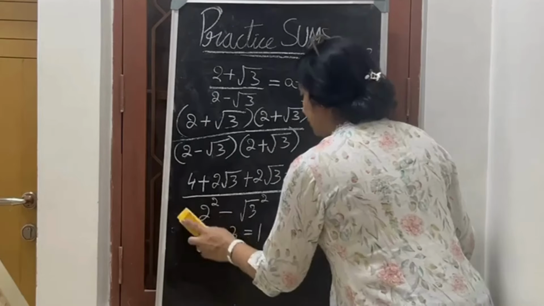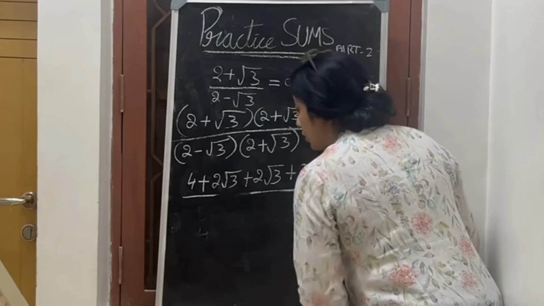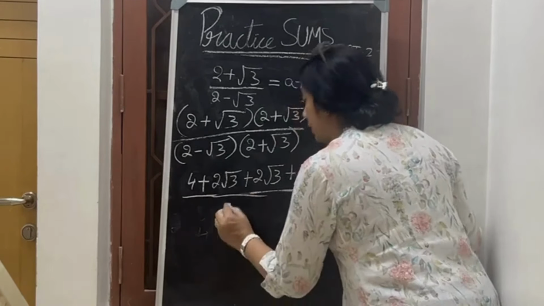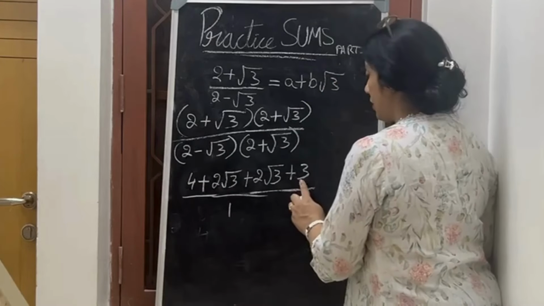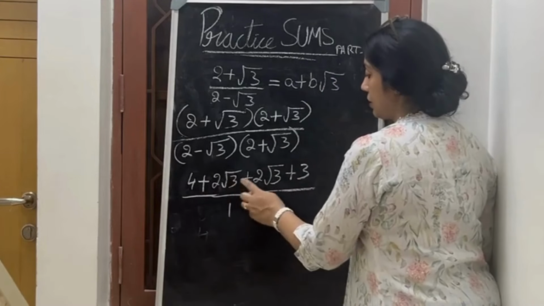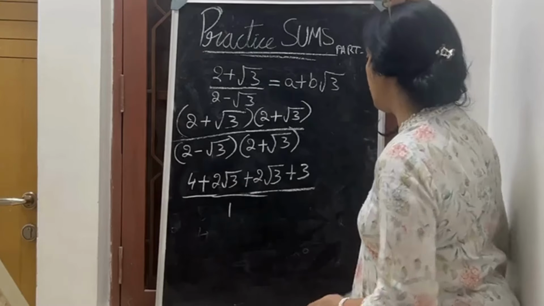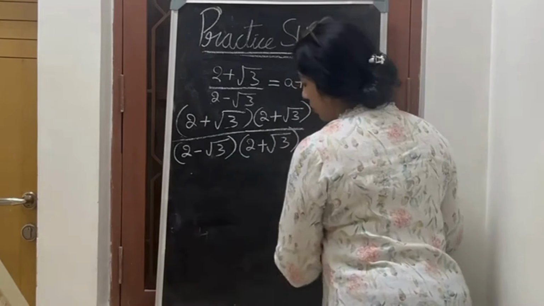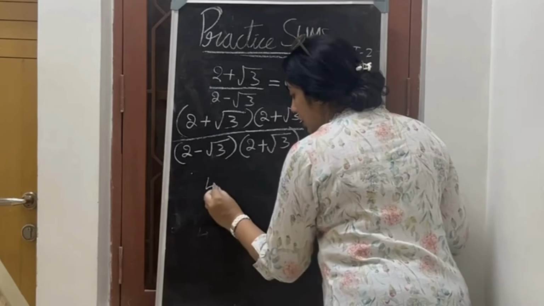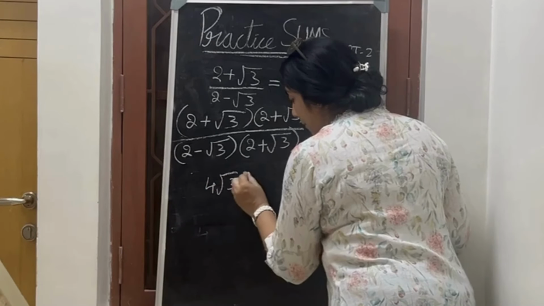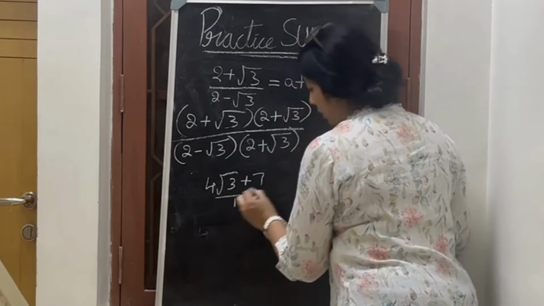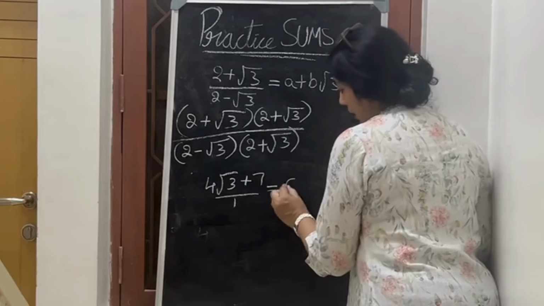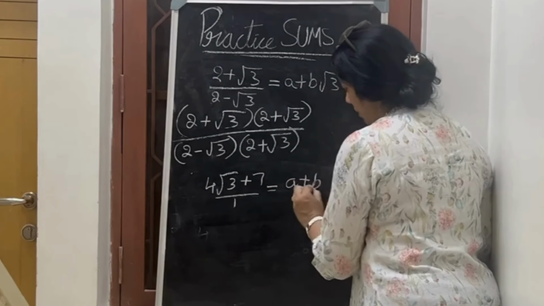Okay, my denominator is 1. Now 4 plus 3 is 7, plus 2 2s are 2 and 2, that is 4 square root 3. So it is 4 square root 3 plus 7 by 1 equals a plus b square root 3.